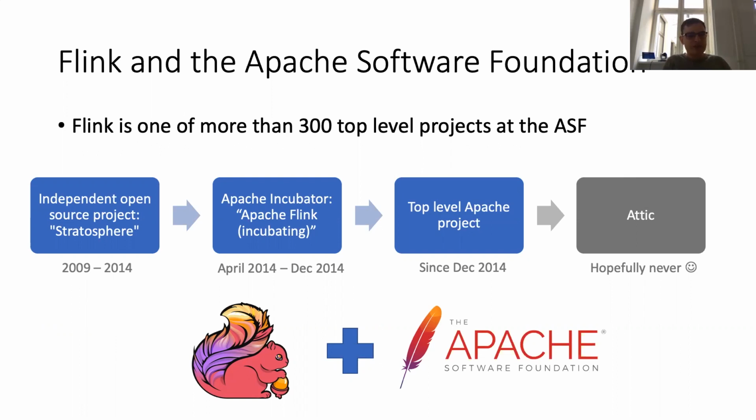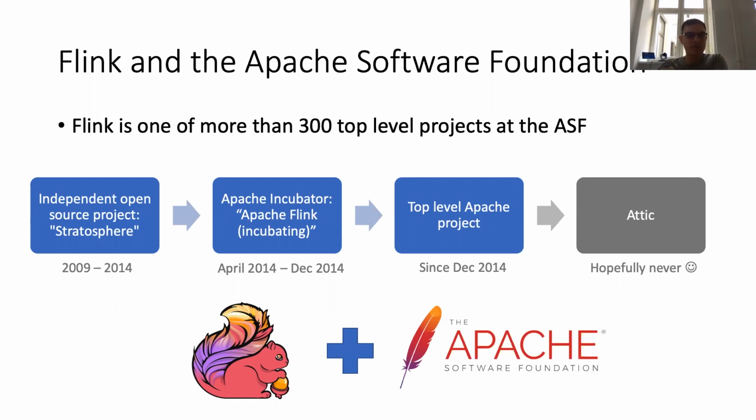So Stratosphere was started in 2009, and in 2014 we proposed Stratosphere to the Apache Incubator. So the process of adding an open source project to Apache is by proposing it to a special Apache project that doesn't produce any software, it only produces new Apache projects. And that project is called the Incubator.